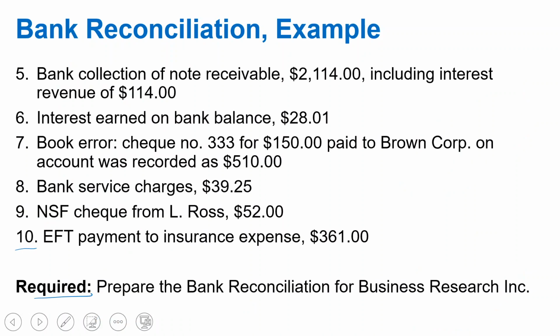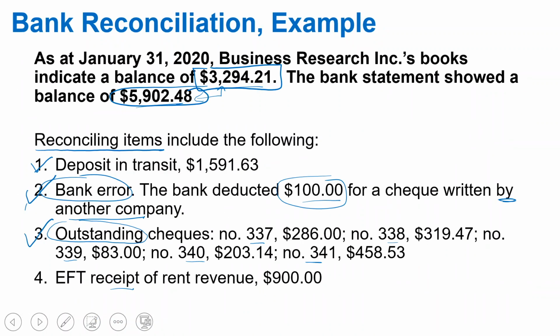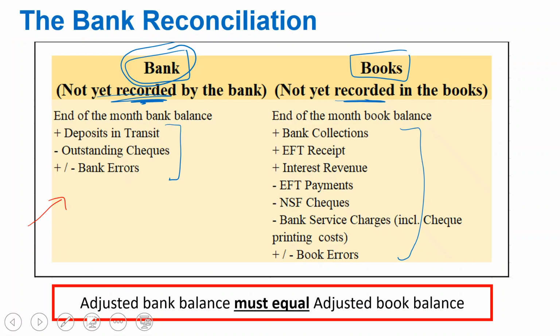Now we'll continue through our reconciling items and we'll keep slotting those in. So number 4, as I said, is an EFT receipt of rent revenue. So remember, an EFT receipt, we can see that here on the book side and as an addition. So this is when someone direct deposited money into our bank account.